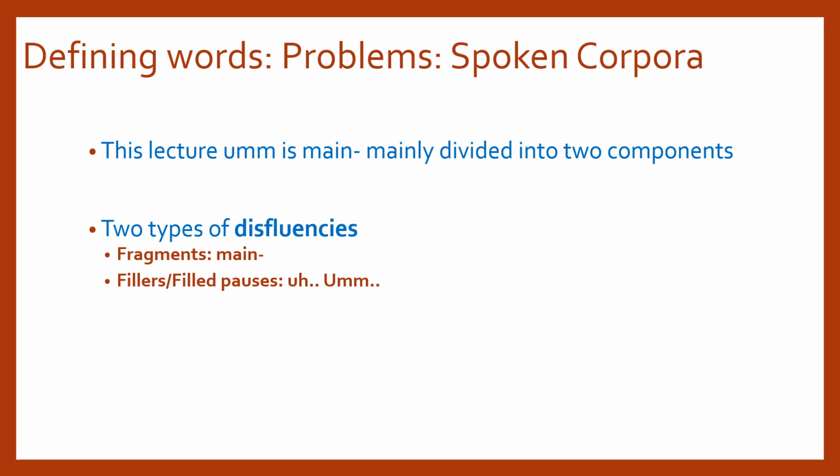In this case, there are two types of discrepancies, or you can say issues. One is fragments, like mainly. Basically the word is mainly, but as we speak, we sometimes have a tendency to keep only the fragment, and then subsequently try to complete that word.